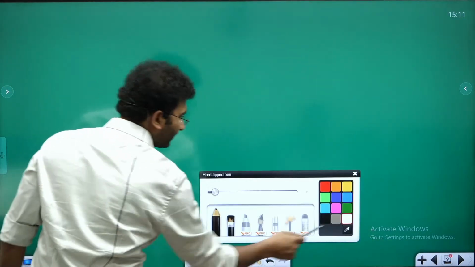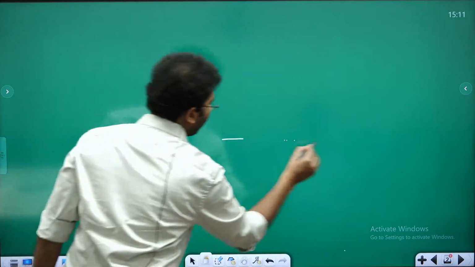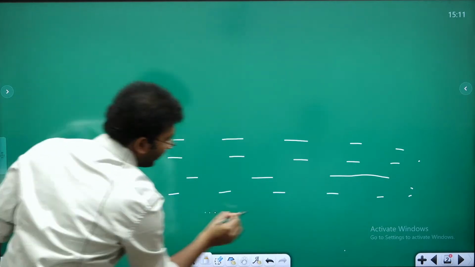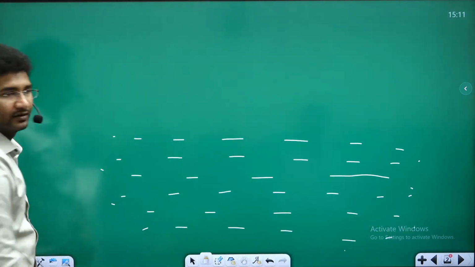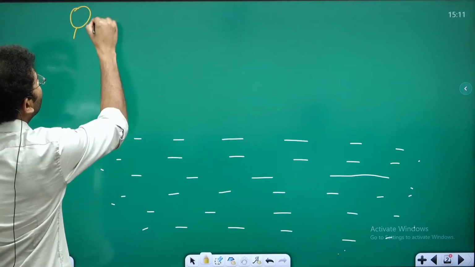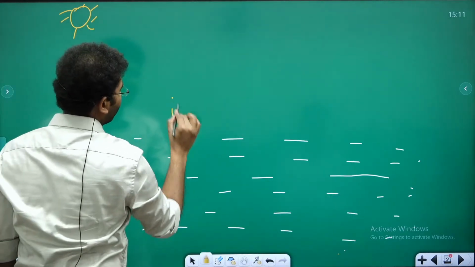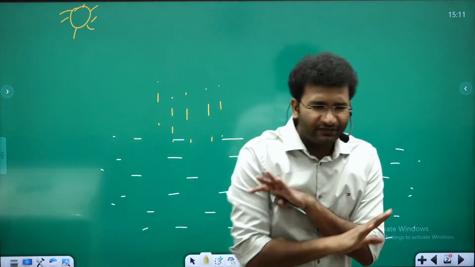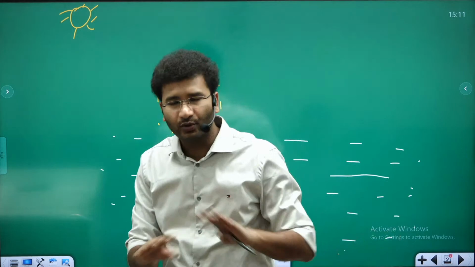Imagine this is your ocean, and sunlight will help to evaporate the water, right? Imagine this is evaporating. Suppose there is no wind present.